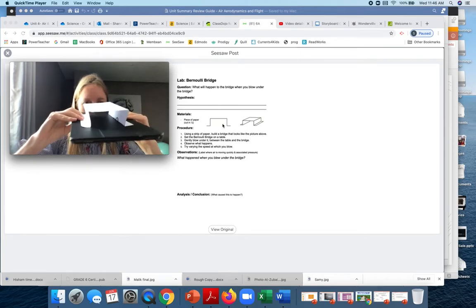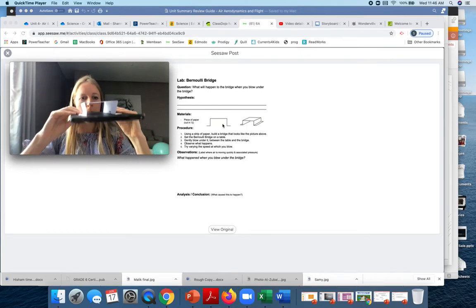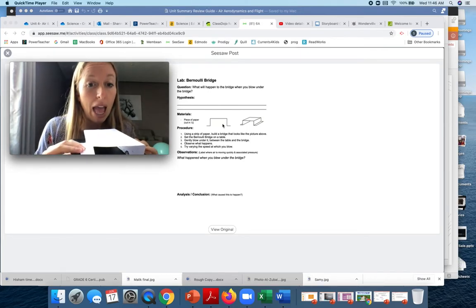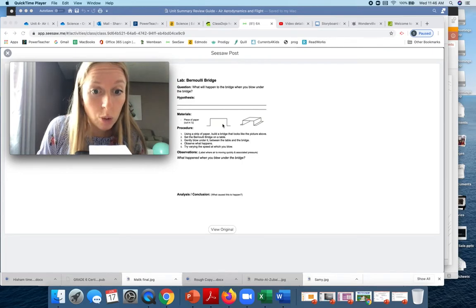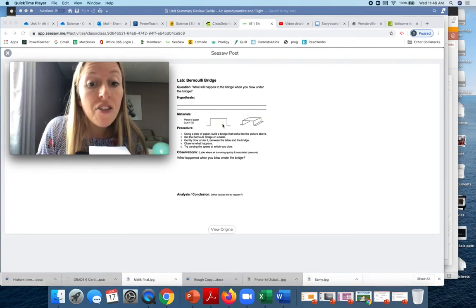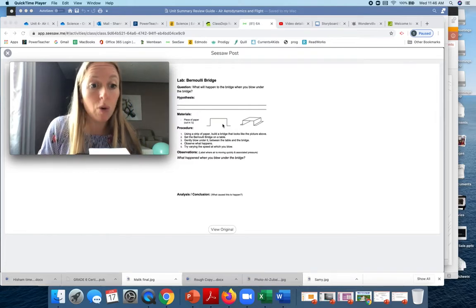Here is my imaginary table, my iPad. I've set the bridge on the table, and I'm going to blow underneath the bridge, between the table, my iPad, and the bridge. Watch what happens. Try varying the speed, so try changing the speed at which you blow. Watch.